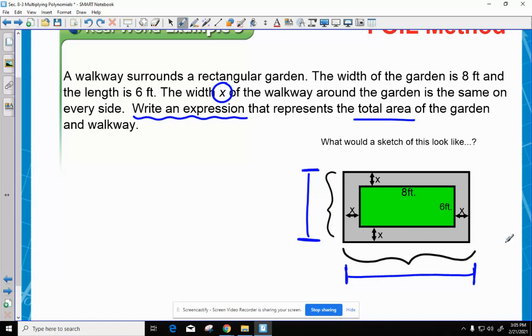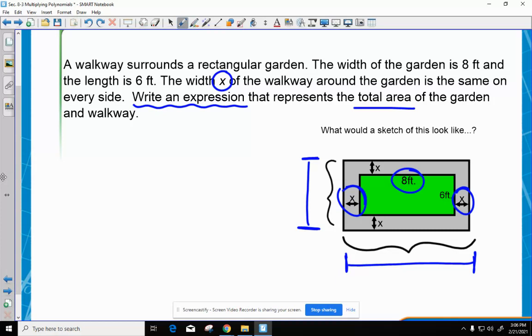From left to right, I know it's 8 feet. It has a path width of X on the left side and a path width of X on the right side. So that total distance would simply be the X, the 8, and the X, or 2X plus 8.